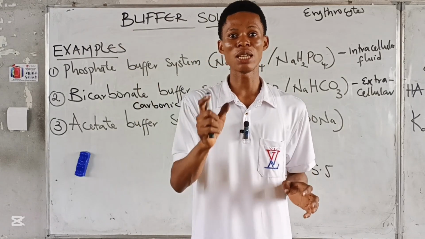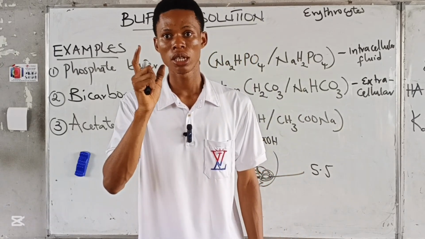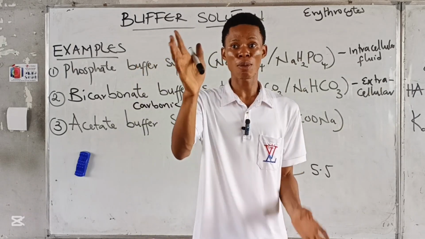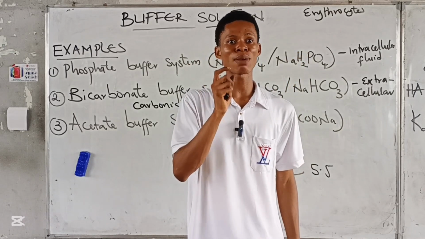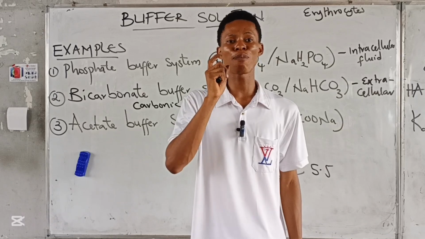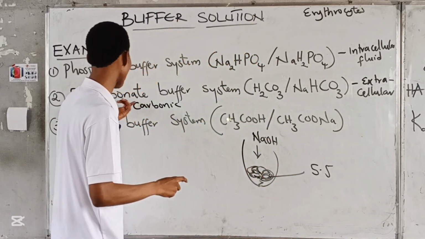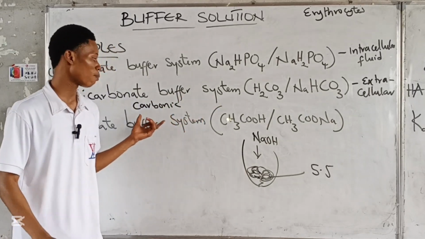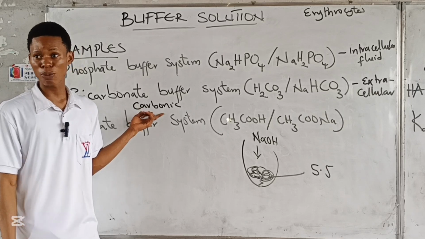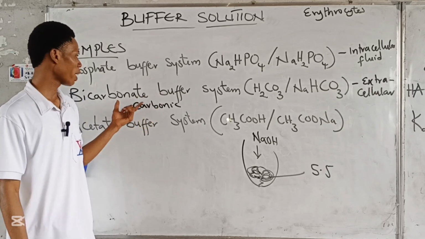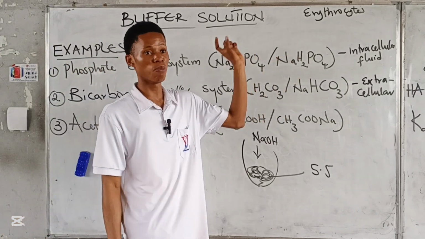But if you are asked in an exam for the principal buffer system that operates in the blood, please write bicarbonate buffer system or carbonic buffer system. Please take note of this. So it operates in the extracellular fluid and also in the blood.